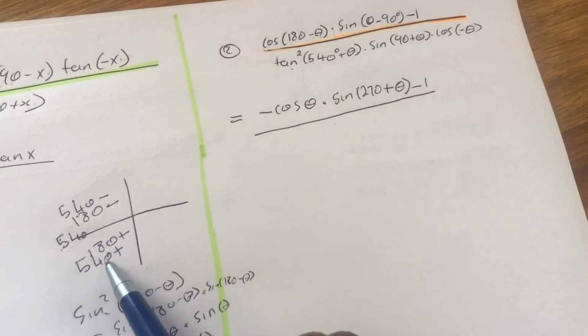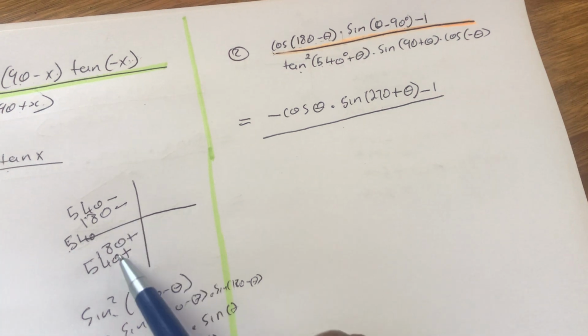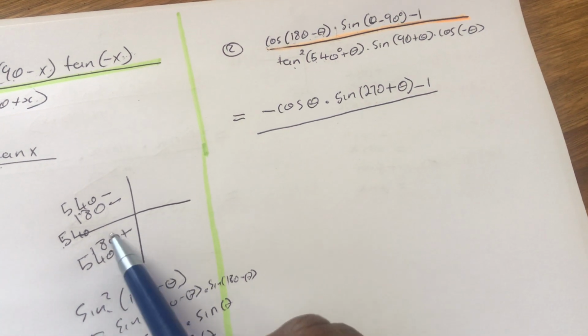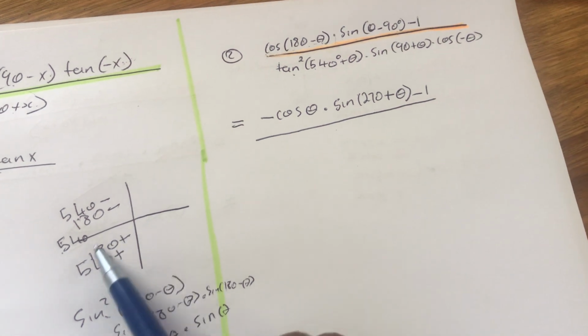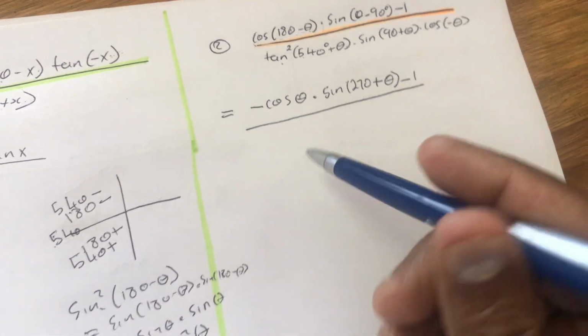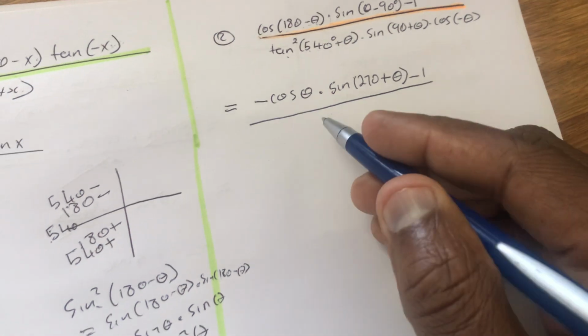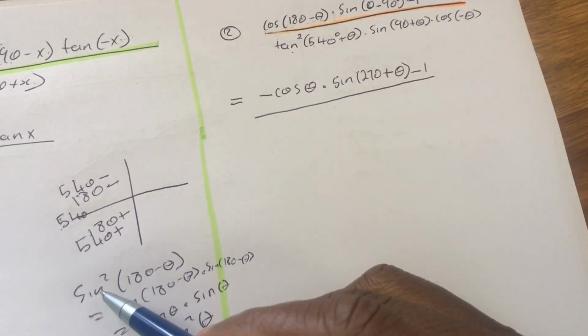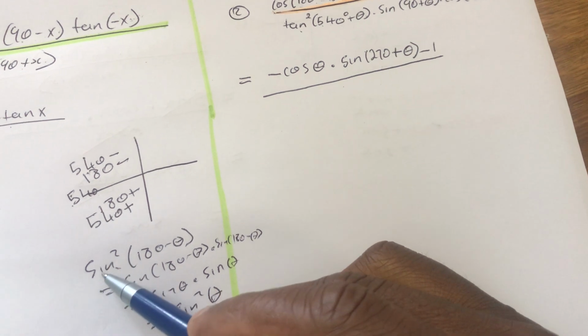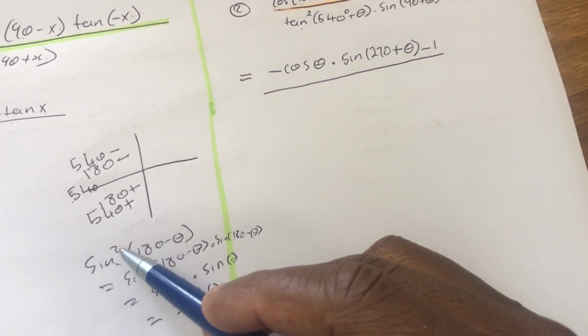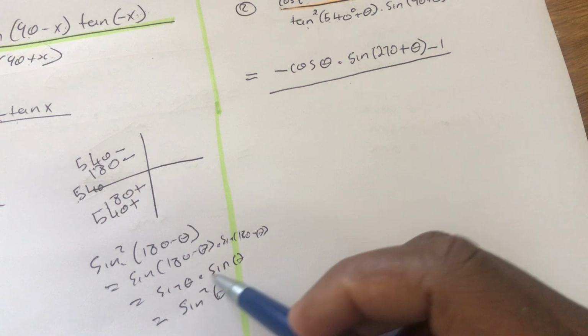Okay, so you may use 180 plus or 540 plus. You can see that these two lie here in the third quadrant, and tan is positive. Therefore, we said that any trig ratio or any trig function that has a square, it means the answer will always be positive.